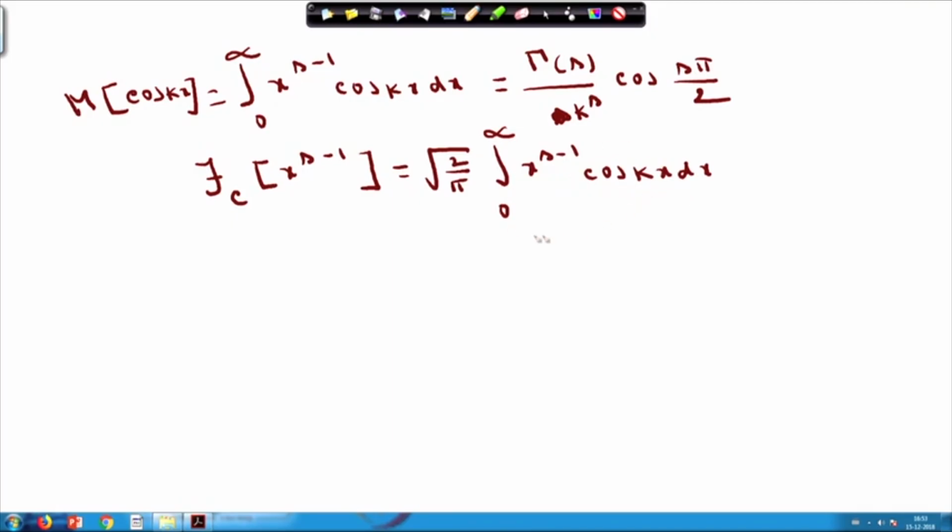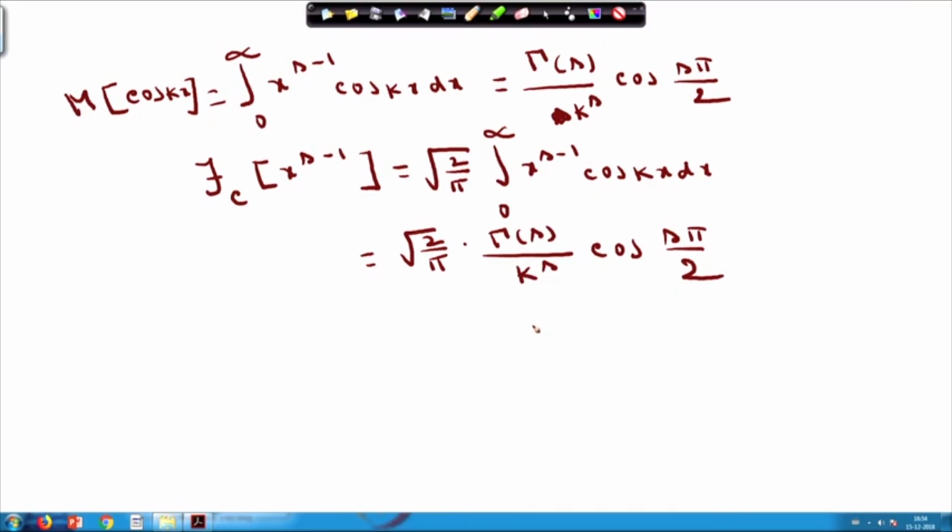And this integral is nothing but the Mellin transform of cos kx, whose value we already know. So, that is root over 2 by pi into gamma s by k to the power s into cos of s pi by 2.